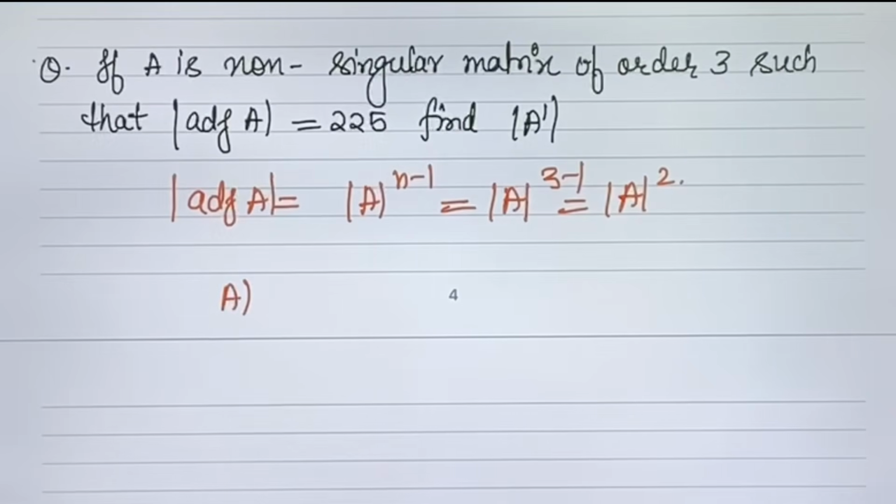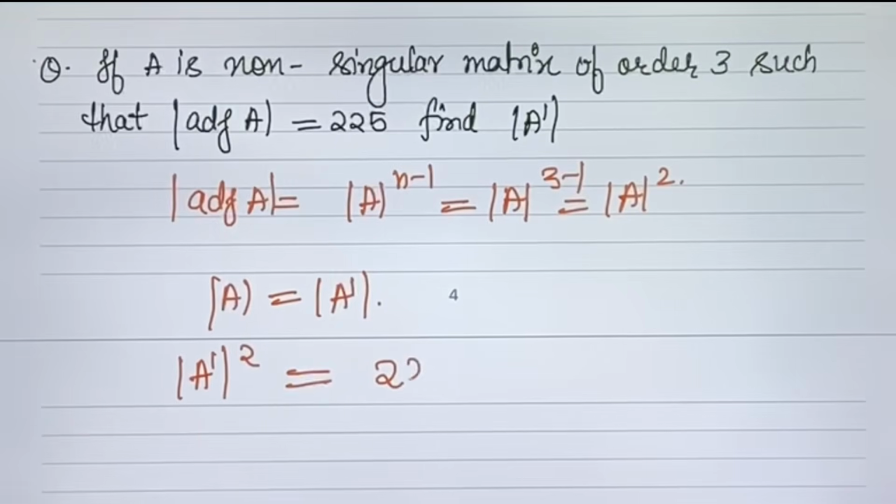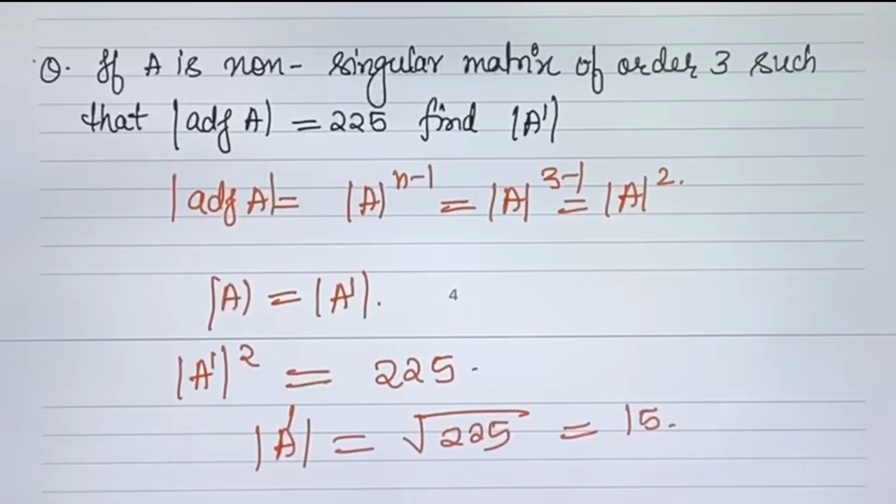As we already know, det of A and det of A transpose are equal. That means I can write det of A transpose whole square is equal to 225, and det of A is equal to square root of 225, which is equal to 15 with plus minus. Got it?